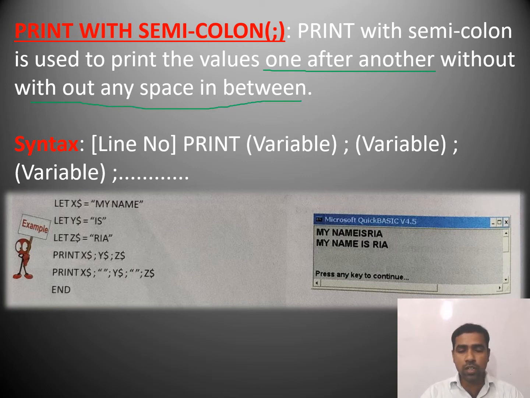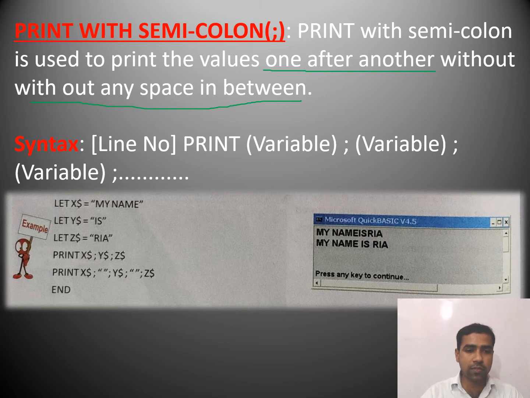If you do not use the semicolon, it will print the values with space. If you use the semicolon, the values will be printed without any space in between the words.